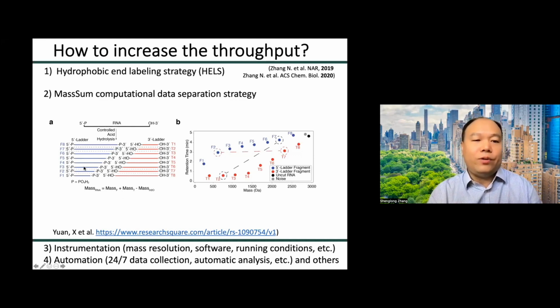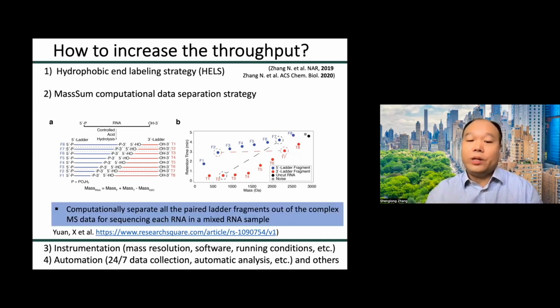For example, this 5' fragment 7 and its counterpart, the 3' ladder fragment 2, have a constant mass sum. The 5' fragment 2 and its counterpart 3' ladder fragment 7 also have a constant mass sum. Since each RNA has its unique mass, we can computationally separate all the ladder fragments and sequence each RNA in the mixture.